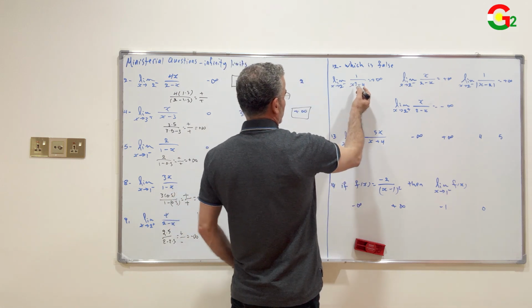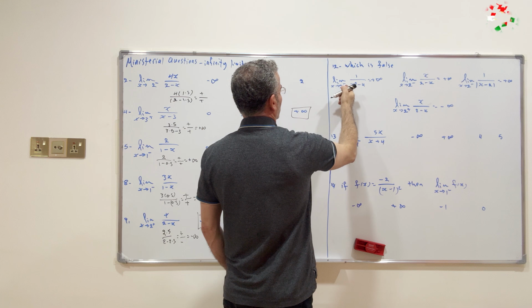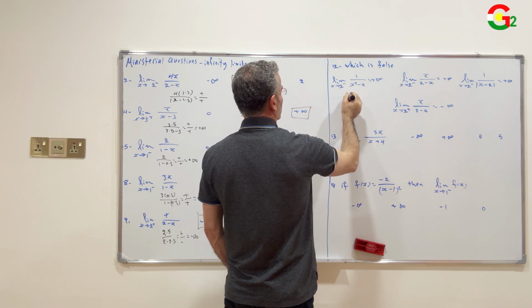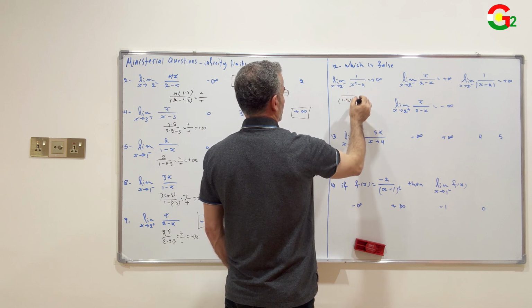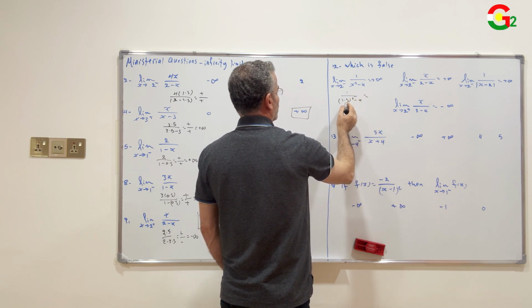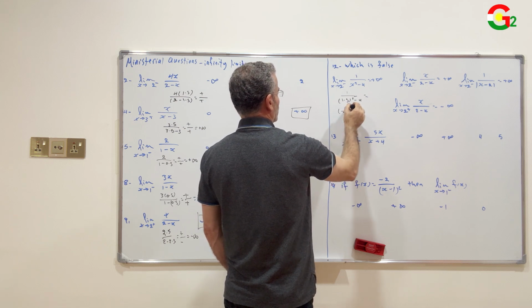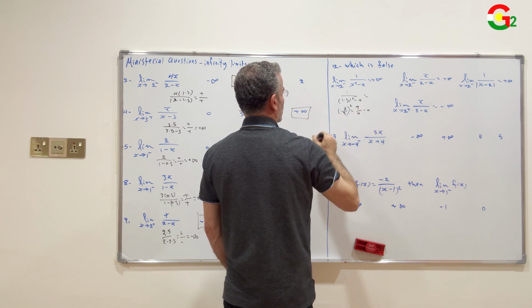Which of the following limits is false? Let us check the first one. X approaches 2 from left. Take a number less than 2. 1 over 1.5 squared minus 4, where 1.5 is 3 over 2, so it equals 9 over 4 minus 4.